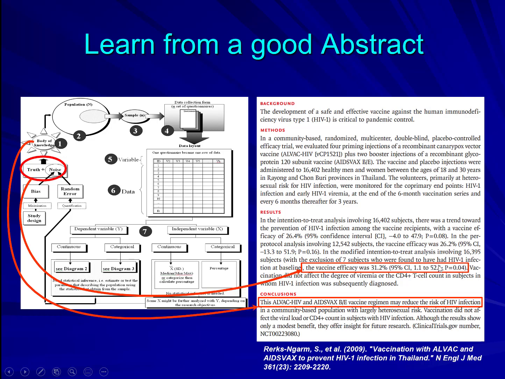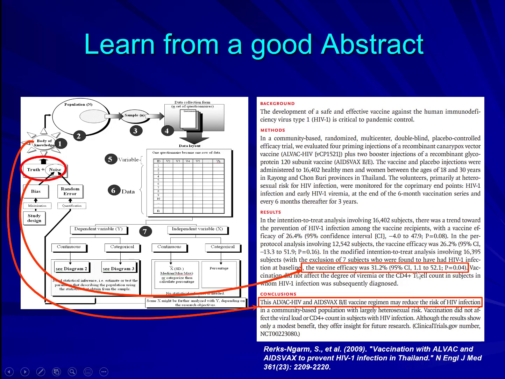This is called parameter estimation, or a component of statistical inference, that uses the statistics from the sample to explain what would happen in the population. And here is the evidence that we need to interpret so that it will be the conclusions.